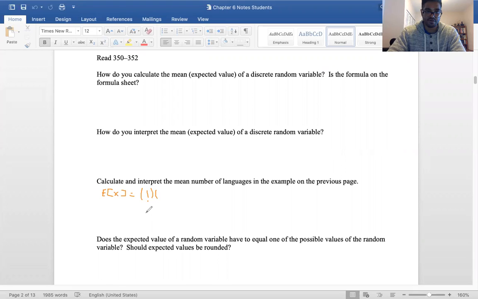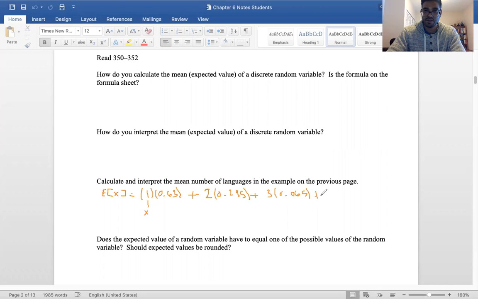I'm going to call this x, where x is the number of languages, and then you have your p, so 0.63, plus 2 times 0.295, plus 3 times the third probability, which was 0.065.